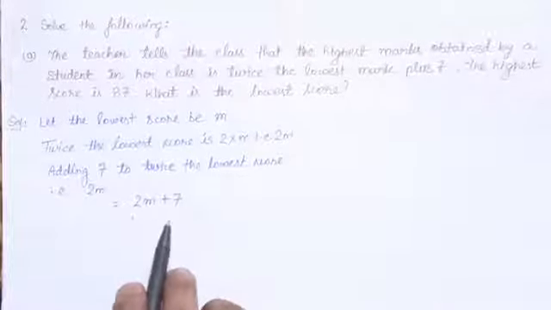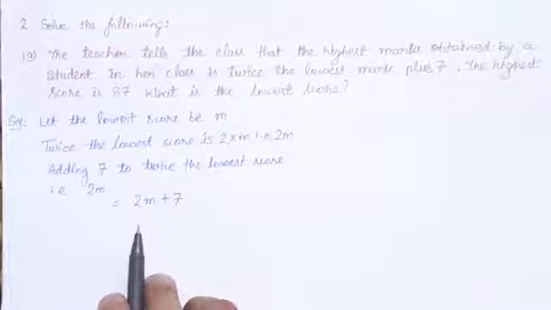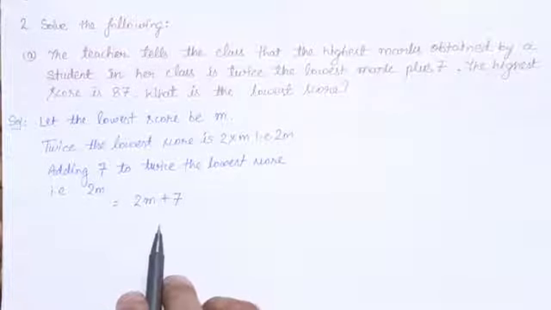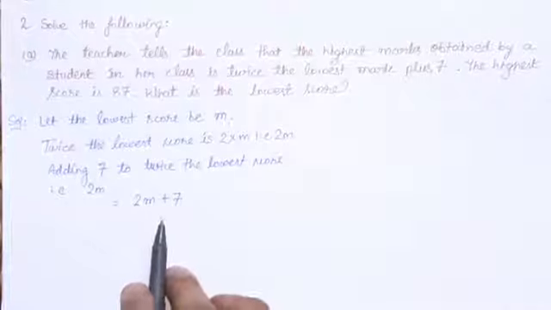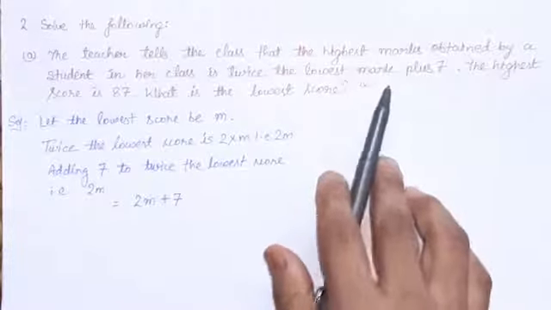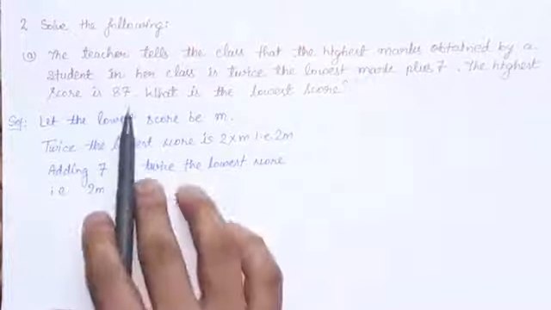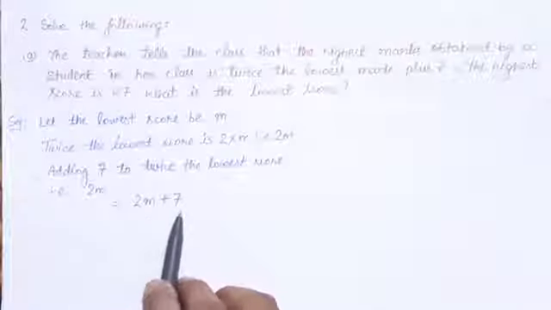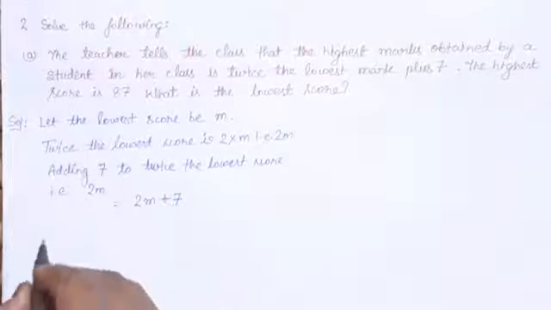It means 2m plus 7 is the score which is obtained by the student who scored highest in the class. But in this statement, it is given that the highest score is 87. It means 2m plus 7 is equal to 87.